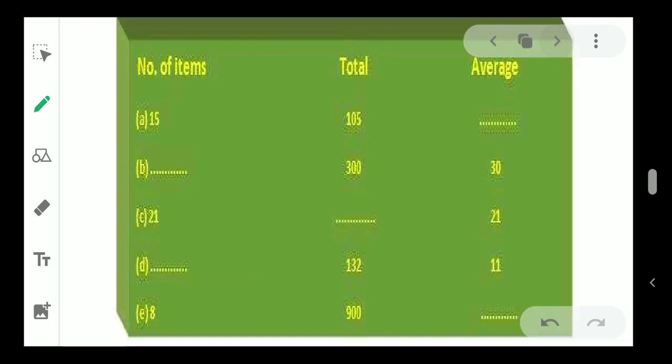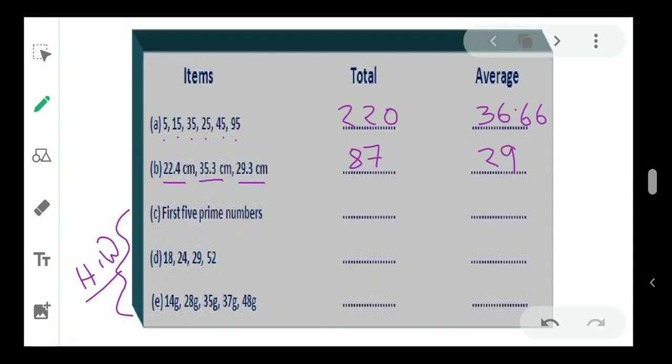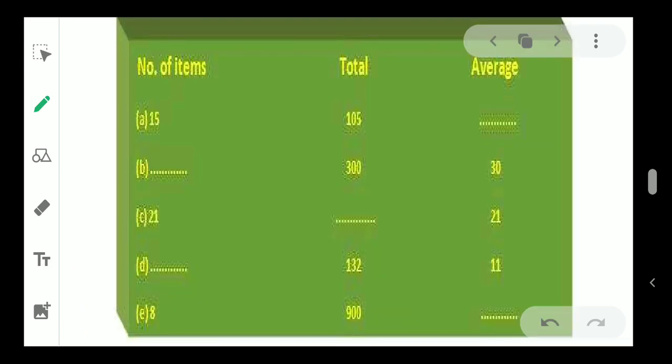Okay, the next question, you can see this is a little bit different. The first one is the number of items. Here items are given, the number of items is not given, but you can always count. But here you can see one thing, it's very different: the number of items and the total are given.